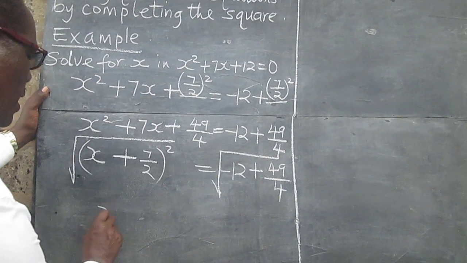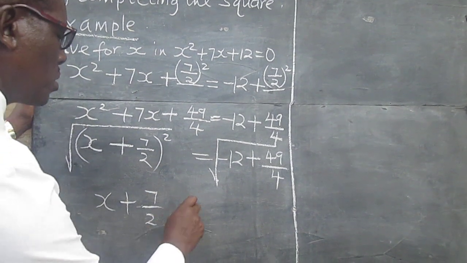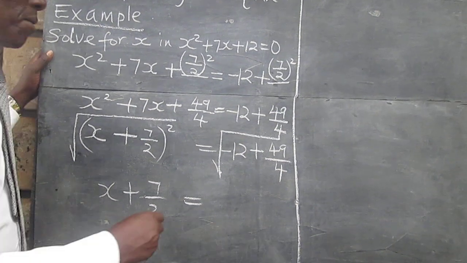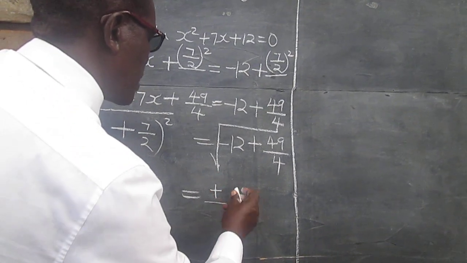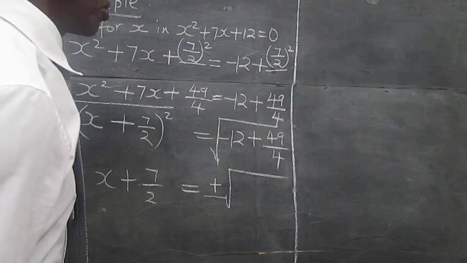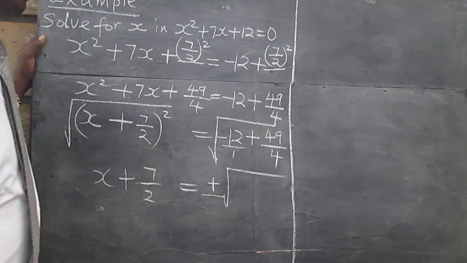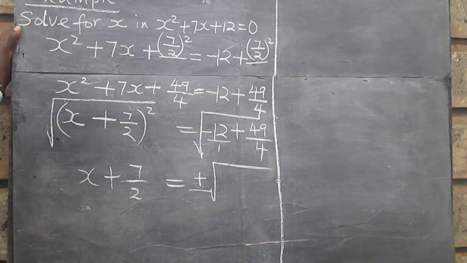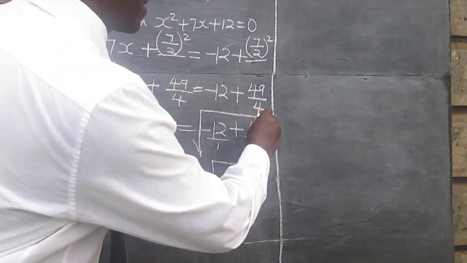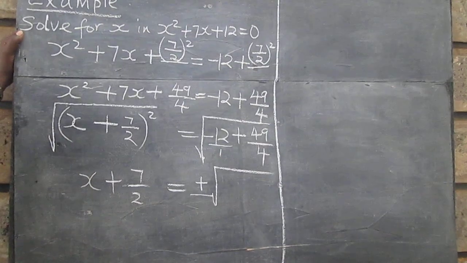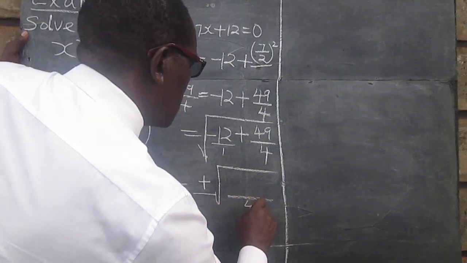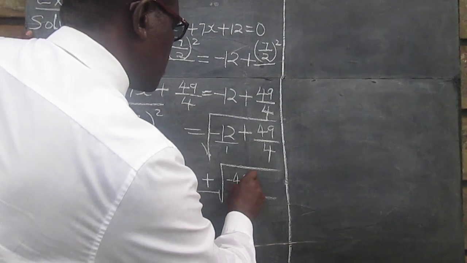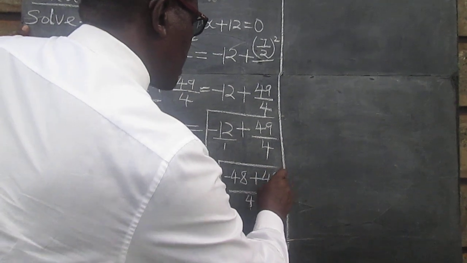And this will give us x plus 7 over 2. On this side, we will bring in the idea of positive or negative square root of, and we can take this to be 12 over 1, so that we use the LCM to help us simplify the expression. So the LCM is 4, and then here we have negative 48, and here 49.